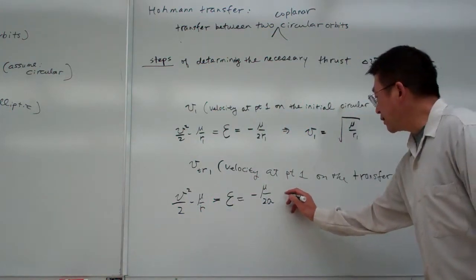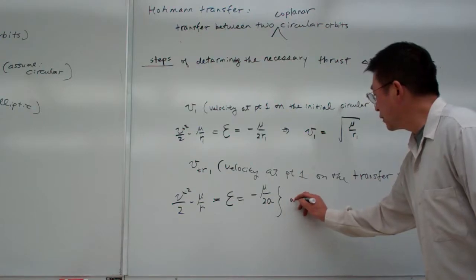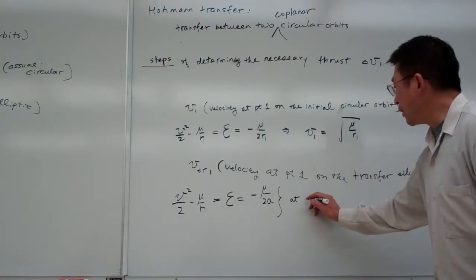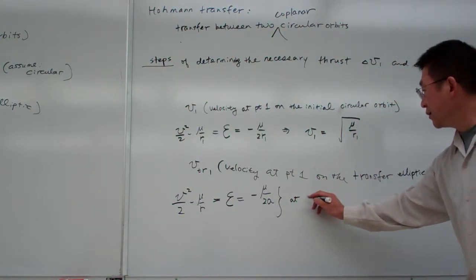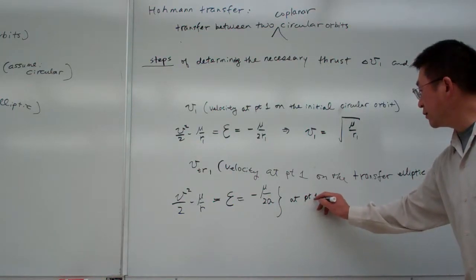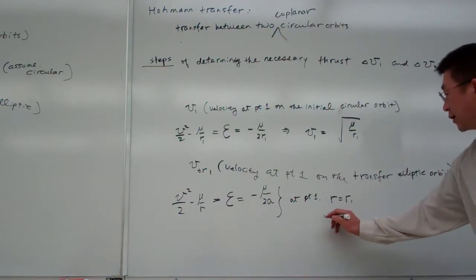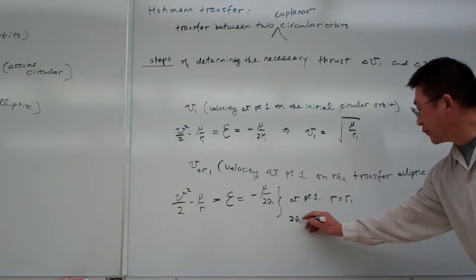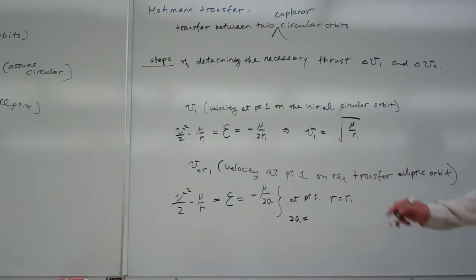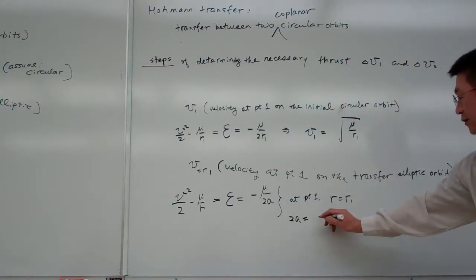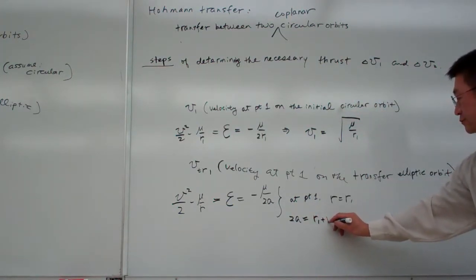So for this one, at point 1, we have R equal to R1. And also for 2A, for this elliptic orbit, simply look at the graph here. That is R1 plus R2.